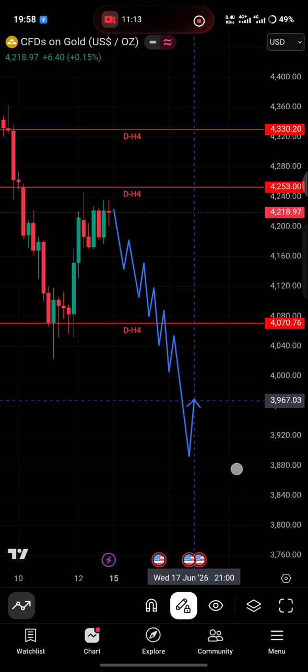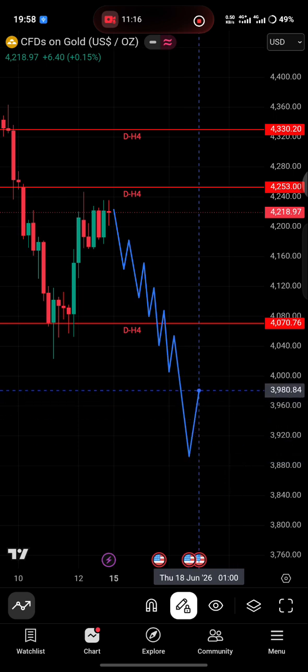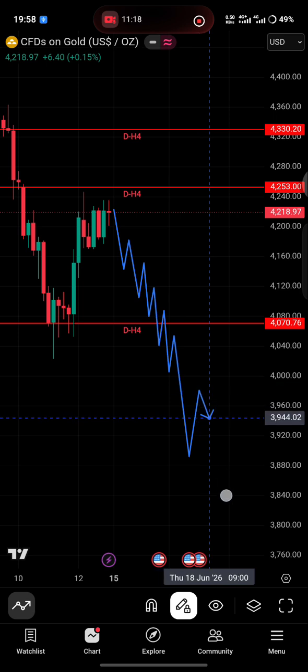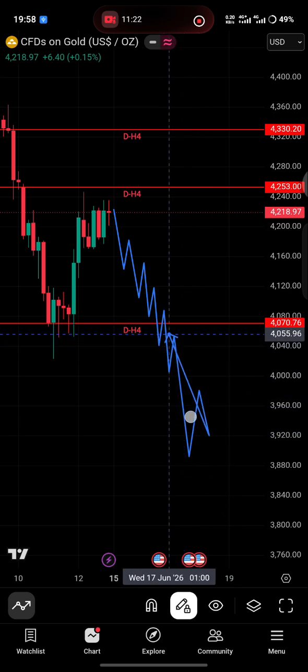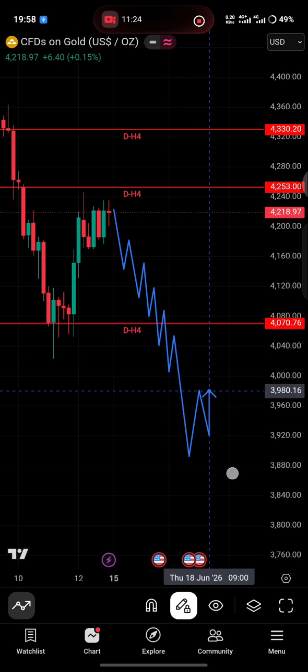And if it starts dumping and forming a bullish price action, we are going to buy at the next candle retest, or we wait for this resistance to be broken first and then buy at the next candle retest.